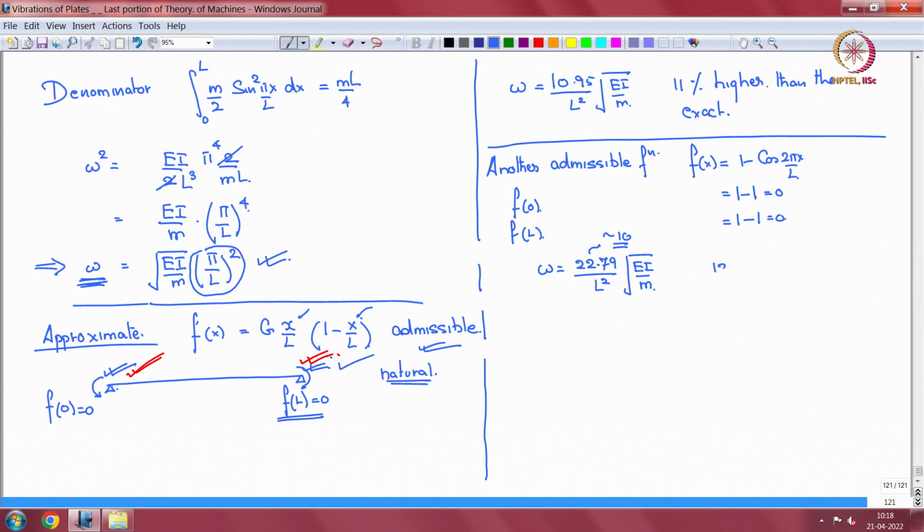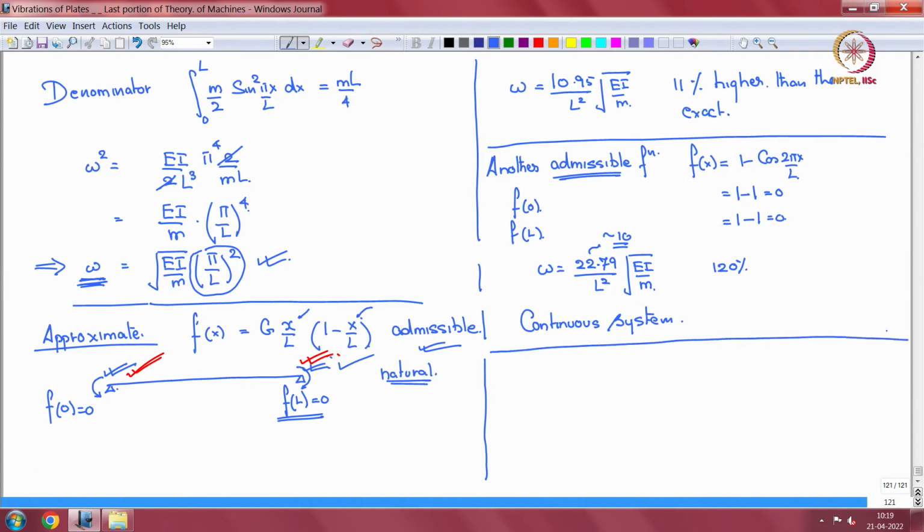This is about 120% higher. So if you substitute something incorrect yet admissible, then you will get a value of the natural frequency that is higher. So that's this example for a continuous system. I have shown you a continuous beam as opposed to the lumped 2 degree of freedom system earlier.